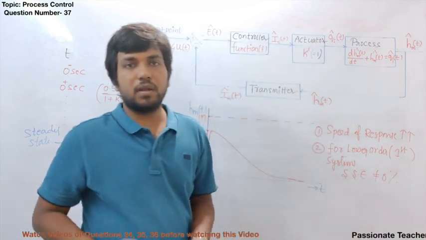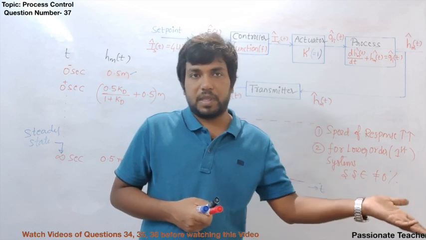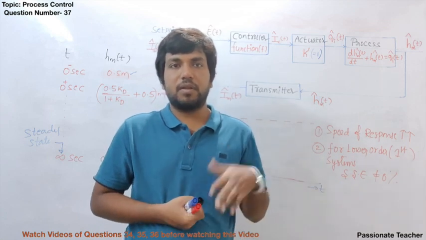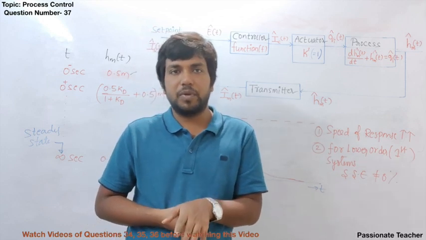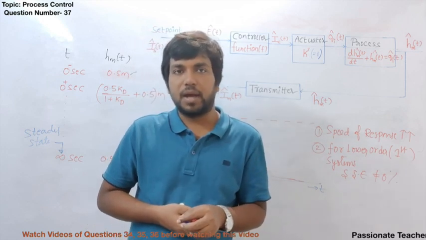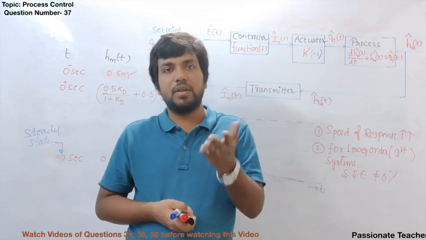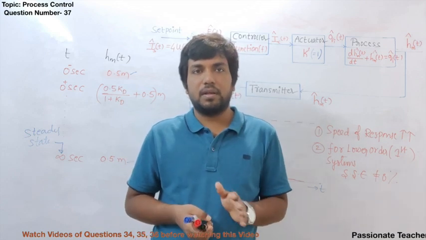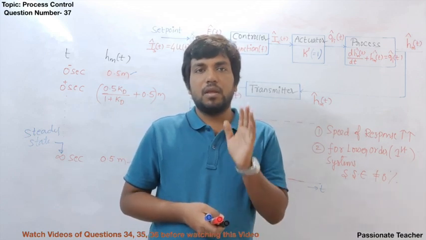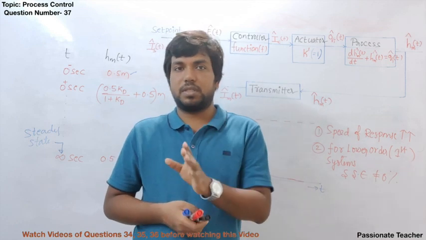So we are not able to reach the desired response, because ultimately we want the steady state error to be equal to 0% and the speed of response to be high. So the derivative controller, as it is a catalyzer, reacts very fast, but unfortunately we are not getting 0% steady state error. This is the problem if you use the derivative controller alone for first order systems.